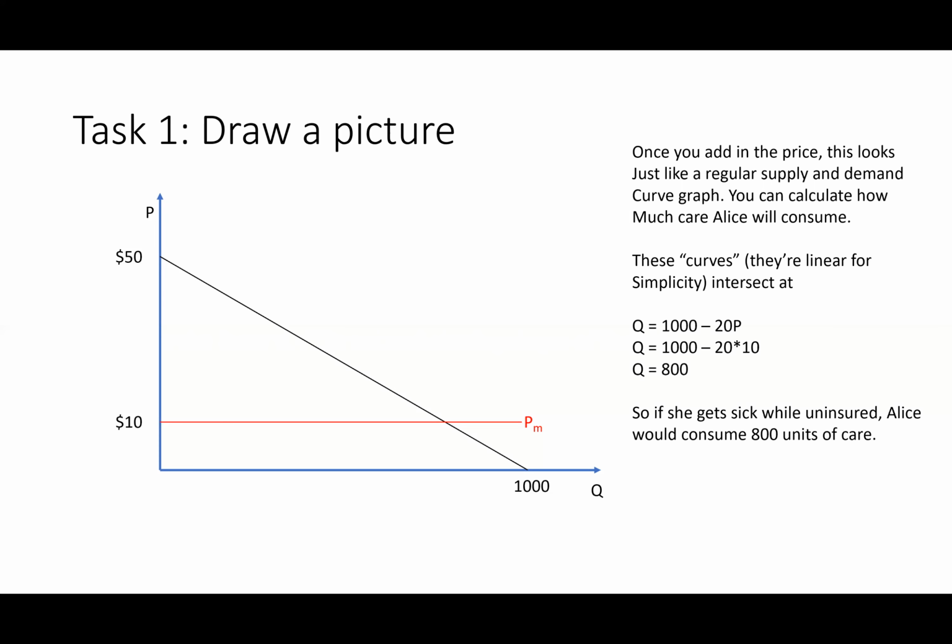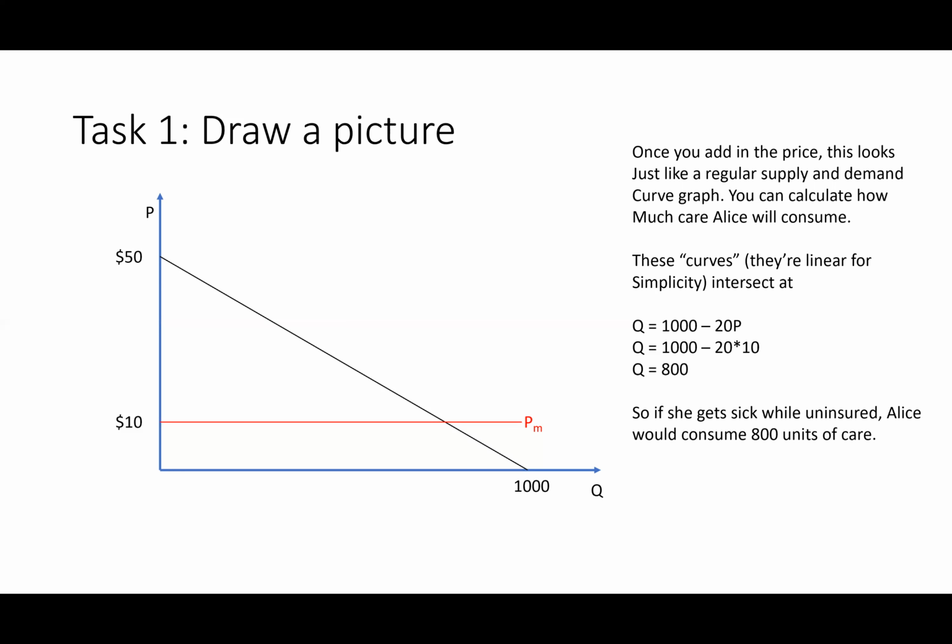So you can calculate how much care Alice will consume based on where they intersect. Take a look at where these curves intersect. Now, they're not really curves; they're pretty straight, but they intersect at this point. You plug in $10 for P, so Q equals 1000 minus 20p becomes Q equals 1000 minus 20 times 10, or Q equals 800.